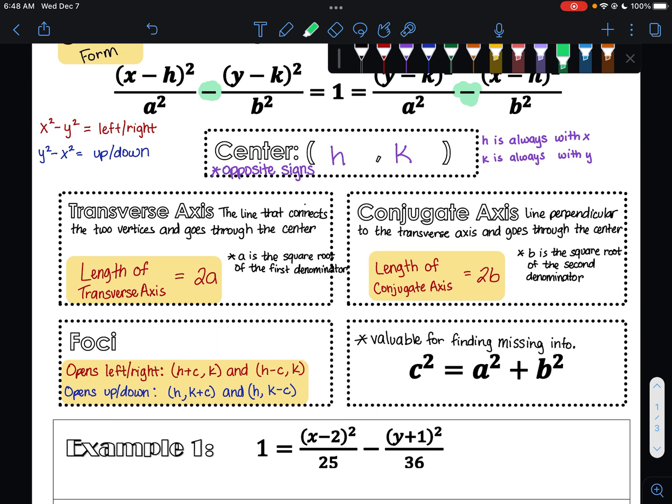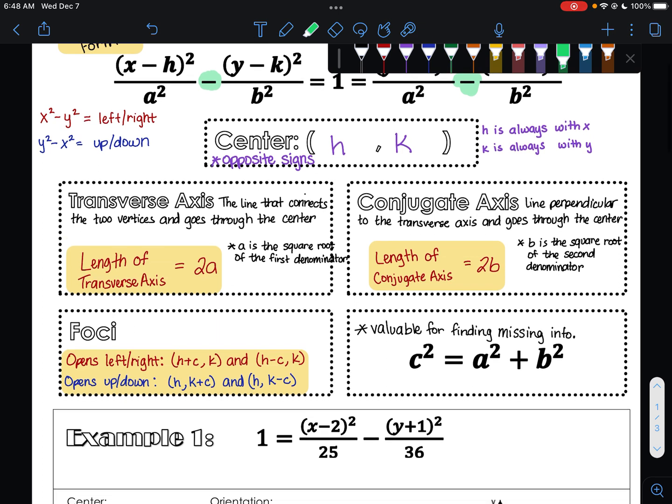Okay, and it's always the first denominator. The conjugate axis is perpendicular to the transverse axis and it goes through the center. So again, once we get to these, I will show you what this looks like. Okay, the length of that would be the square root of the second denominator times 2.